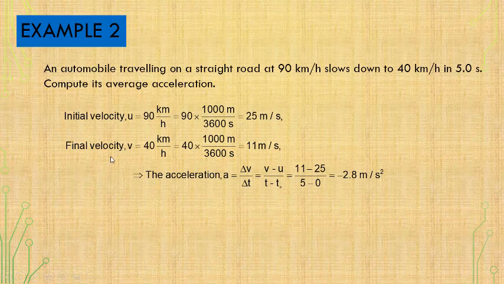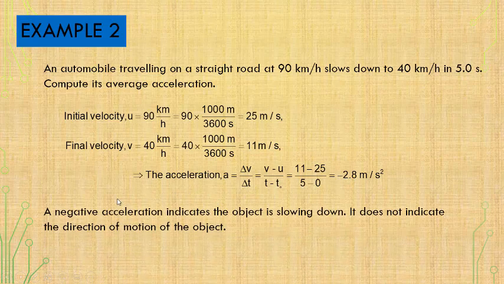Firstly, from the information of velocities given, we convert the units of the velocities into SI units, where the initial velocity u, given 90 kilometers per hour, is converted into 25 meters per second, and the final velocity v at 40 kilometers per hour is converted into 11 meters per second. Then we use the equation for acceleration, the rate of change of velocity, delta v over delta t, to get negative 2.8 meters per second squared.